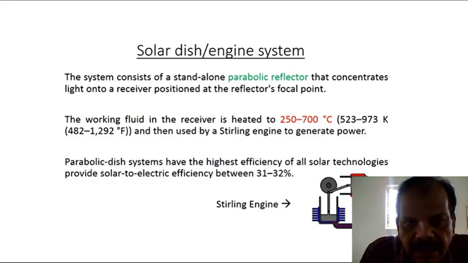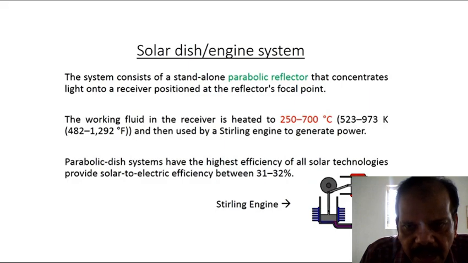Again, as we already saw with the solar dish engine system, the solar dish type is used to concentrate the light onto a receiver positioned at the focal point, and the working fluid which is received will get heated to 250 to 700 degrees centigrade, and then it is used by the Stirling engine to generate the power.